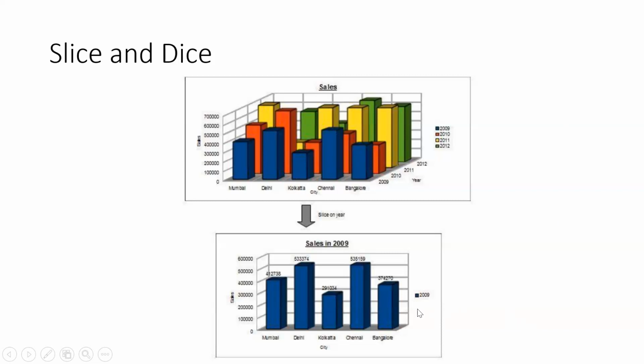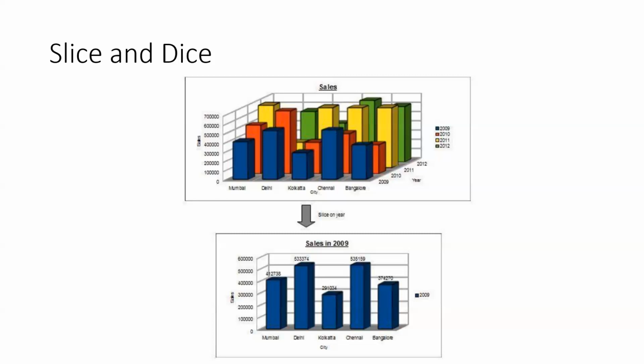So this is called slicing. If I slice based on one particular filter or one particular dimension, it's called slice. You can see I just sliced on the year 2009, but I haven't sliced any of the cities. So slice means just filtering out only one dimension's value.